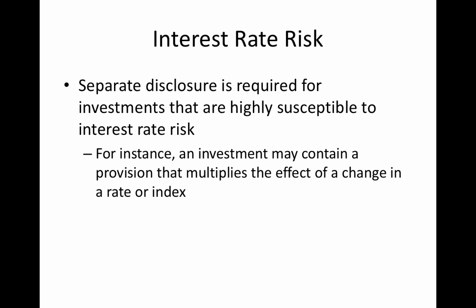So maybe it's predicated in some way on the London Interbank Offering Rate, or LIBOR, and it says that for any percentage change in the LIBOR, the change in the value will be 1.25%. So it won't have just the normal effect on its fair value, but it will have a greater than normal effect because this kicker is in the terms of the investment.